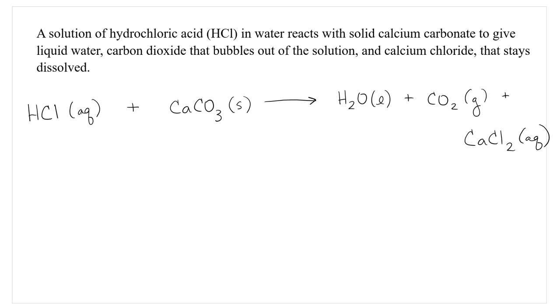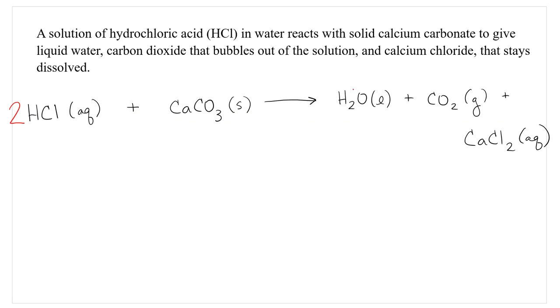The next thing I'm going to look to balance is actually my chlorine. Leave hydrogen and oxygen to the end. We have 1 chlorine in, we have 2 chlorines out, so I need a coefficient of 2 in front of the HCl. And honestly, it's now balanced. So that 2 chlorine matches with that 2 chlorines.